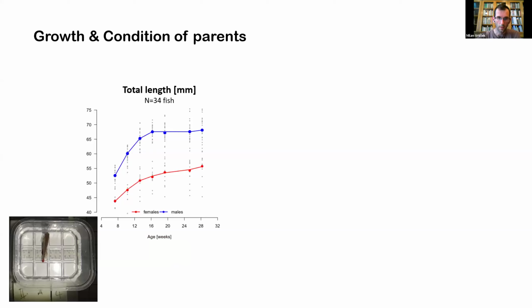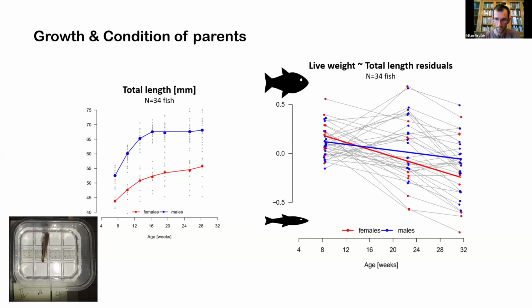So you can see here that males and females kept growing until quite late. Females continued until basically the end of the experiment. This is the first trait where we looked at the decline of their condition.